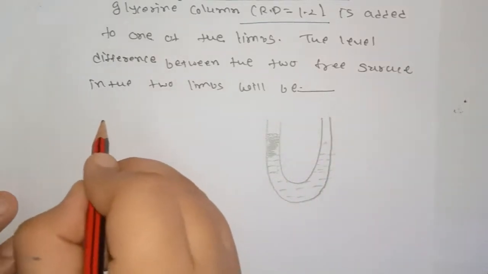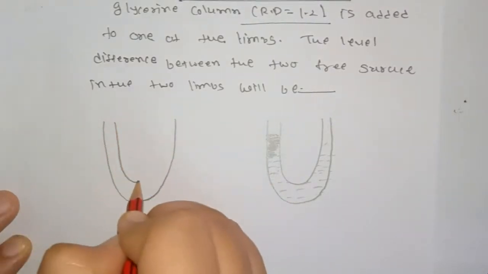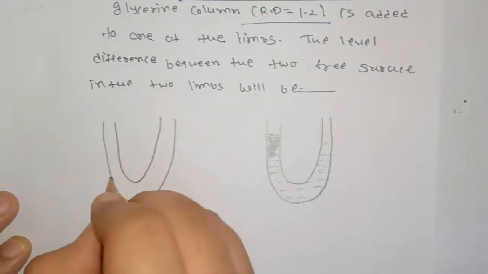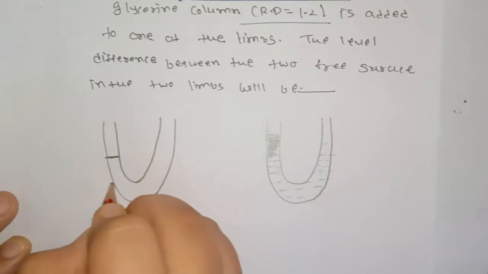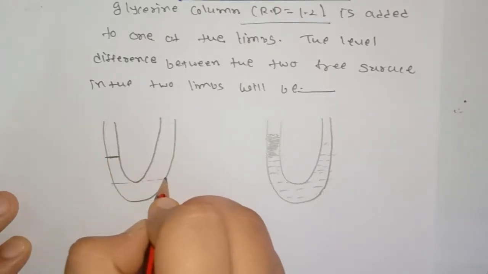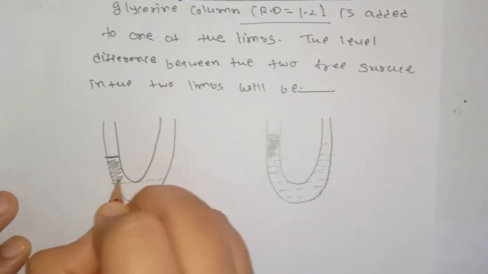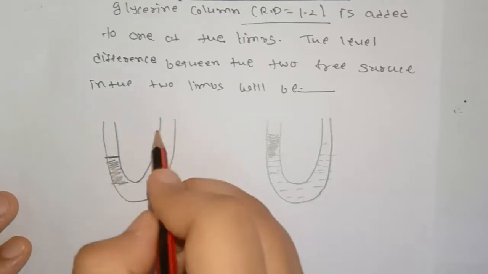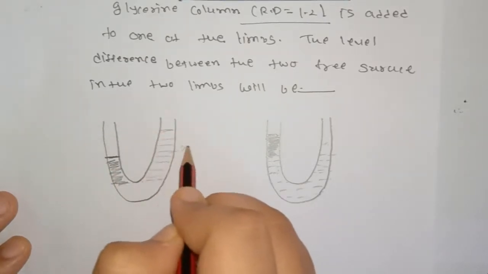So the final situation will be something like this. Here in this limb there is glycerine, and in this limb there will be water.